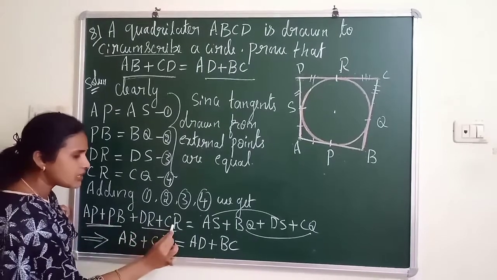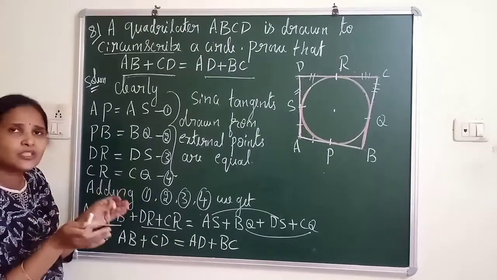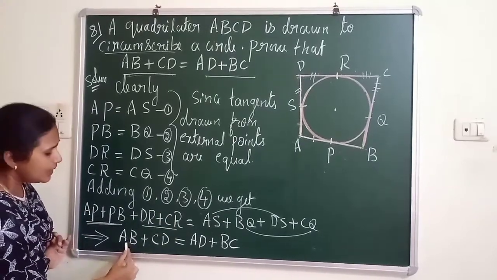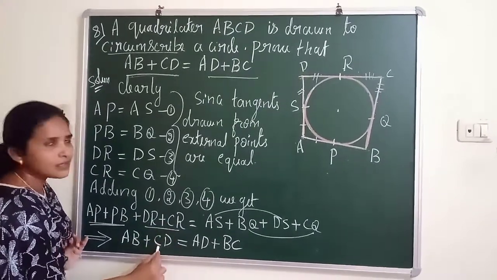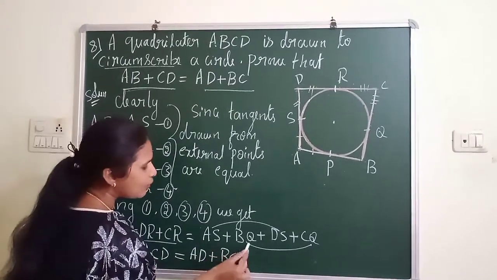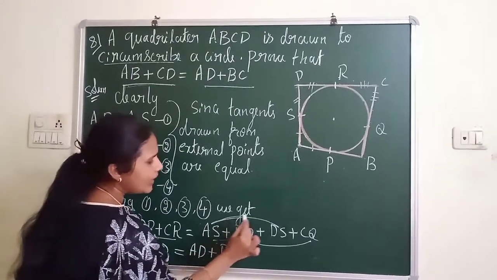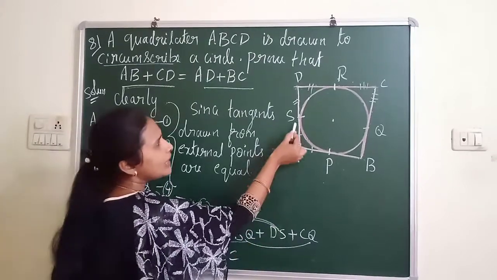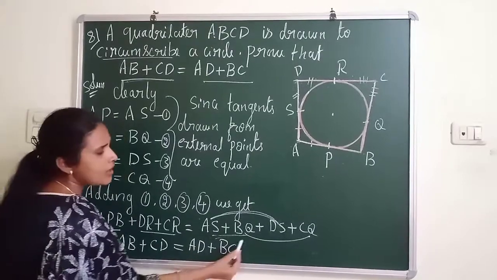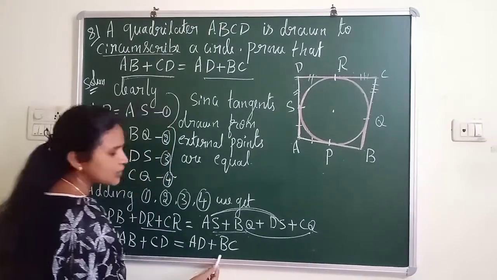These four parts are parts of opposite sides, so write them on one side and you get the answer. AB plus CD on one side. On the other side, AS plus DS is AD, and BQ plus CQ equals BC.